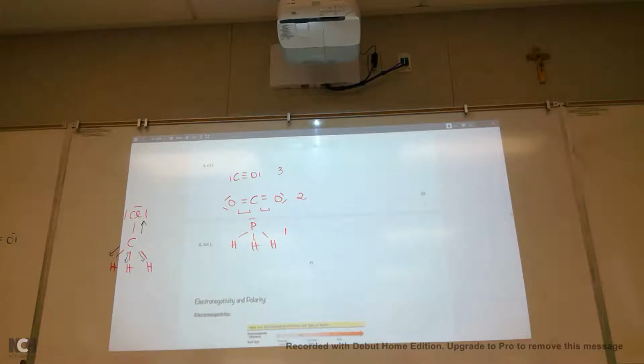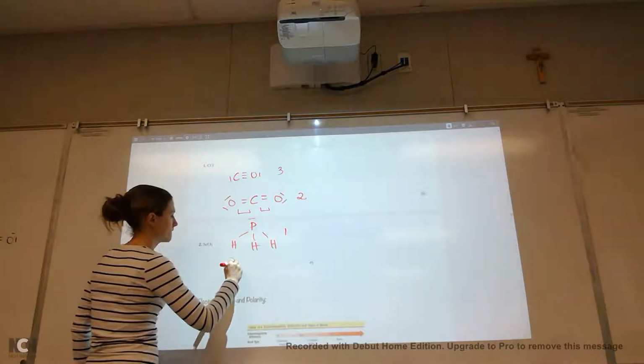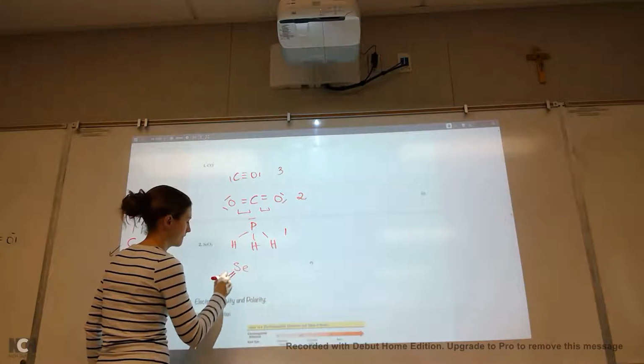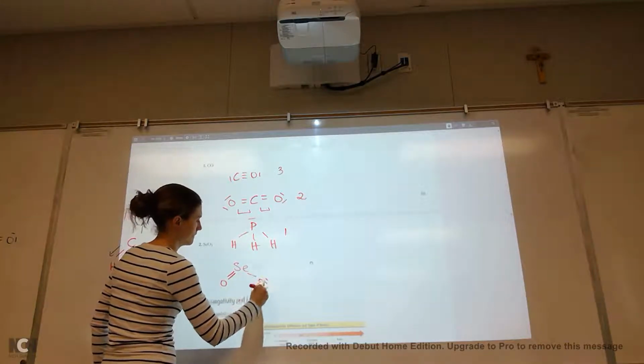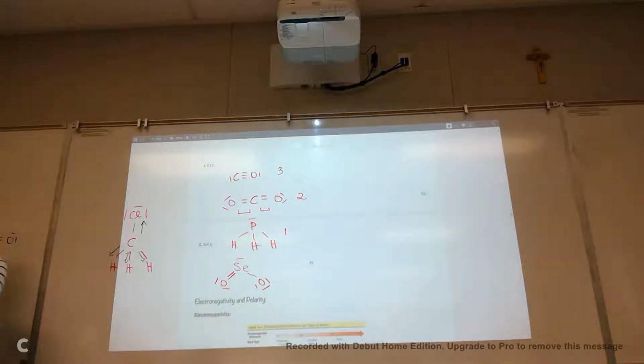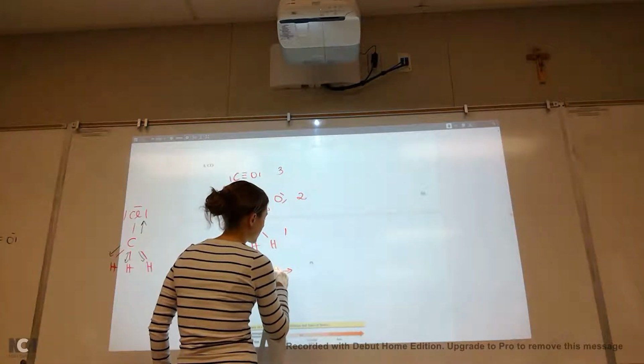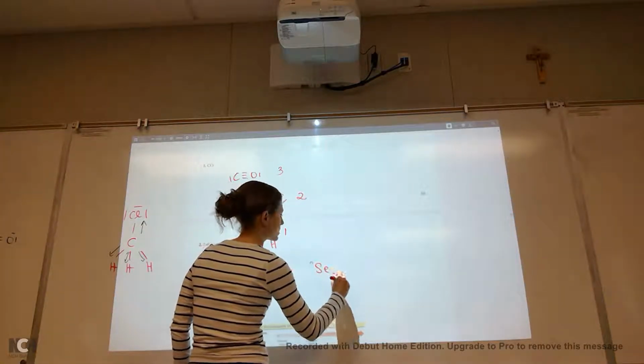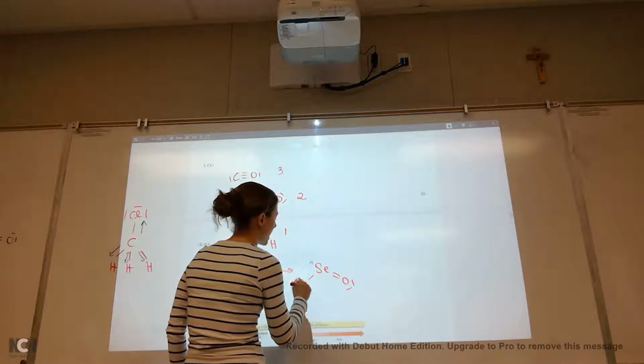Yeah, Cece. Like SO2? What would that be? Great question. Is it clear whether it's a single or a double bond? No. Remember when I showed you resonance for this? I had said that what actually exists is just a mix of the two, right?